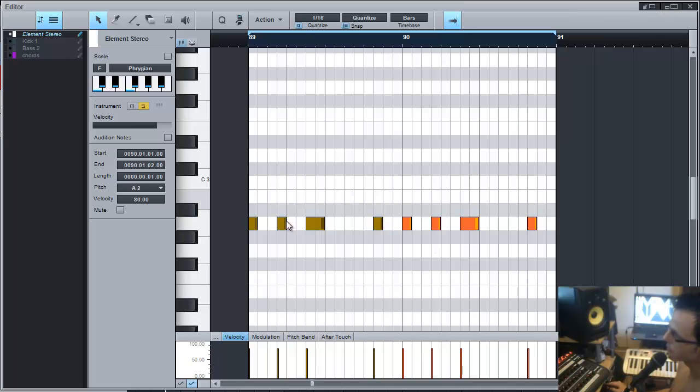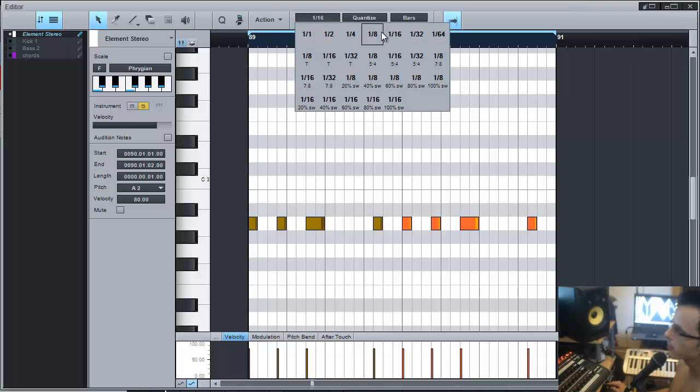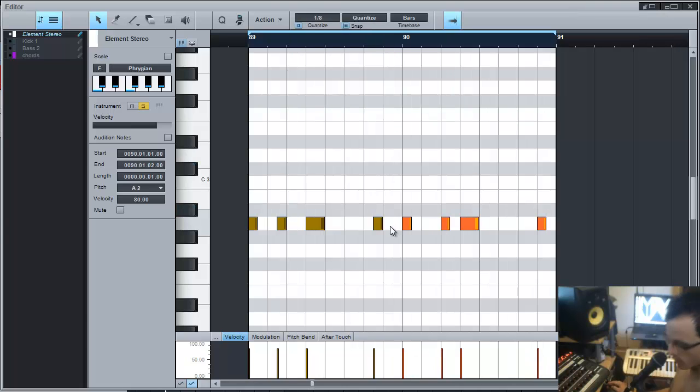If you look at this example here, I have one interval of 2 16th notes, a second interval of 2 16th notes, and a third interval of 2 16th notes. So I've got three intervals of 2 16th notes. 2 16th notes together is an 1/8, right? So I've got 3 intervals of 1/8.